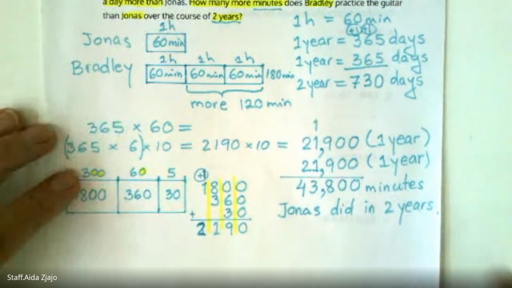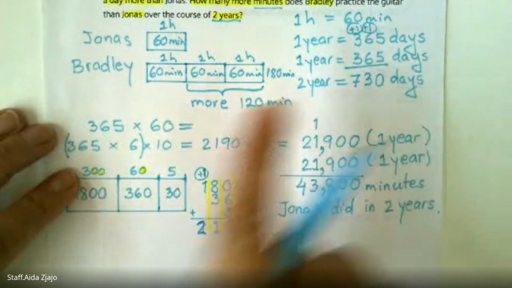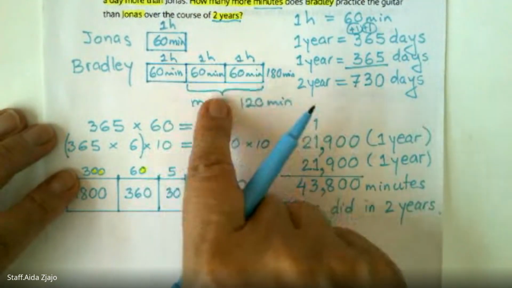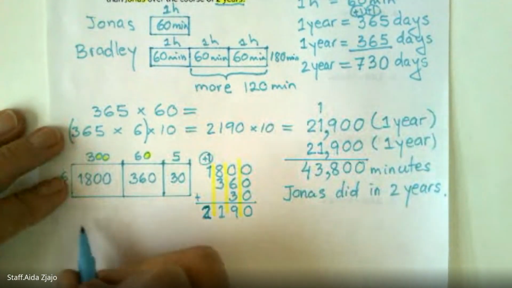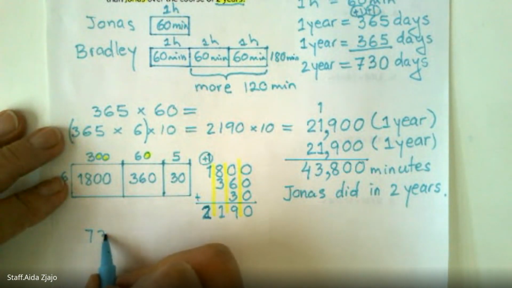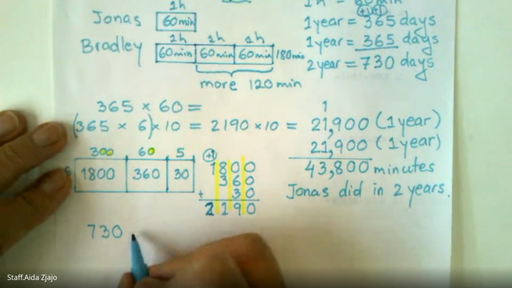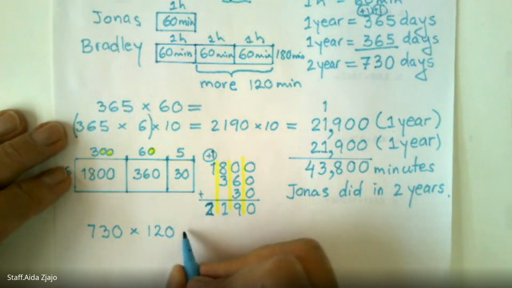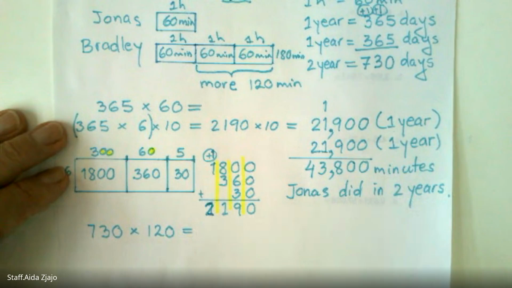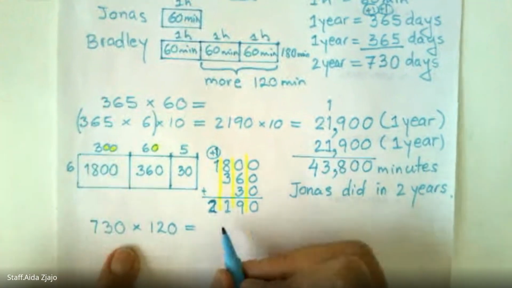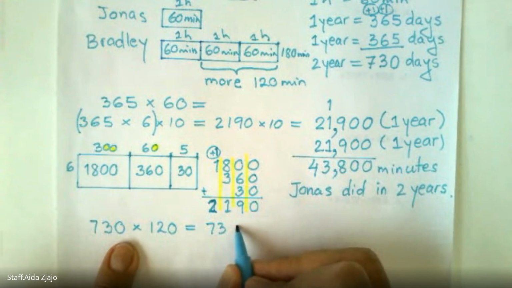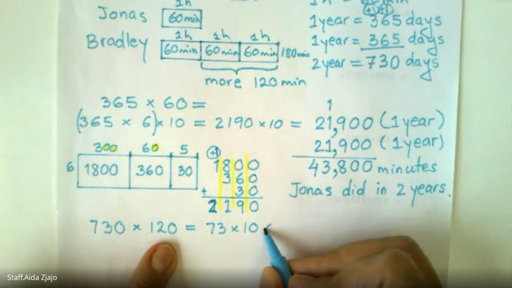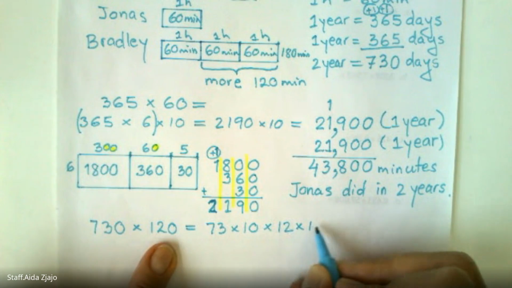So now I'm going to use that approach, 730 days times 120 minutes. I could also do decomposing: 73 times 10 times 12 times 10.